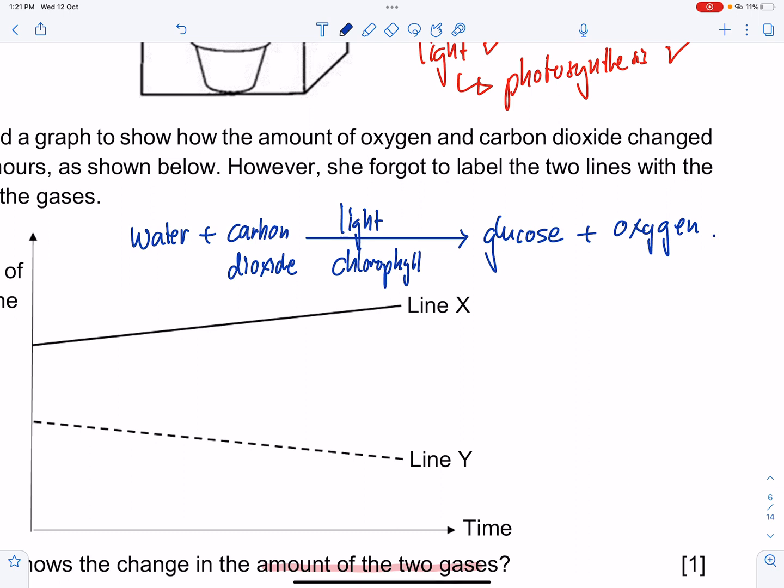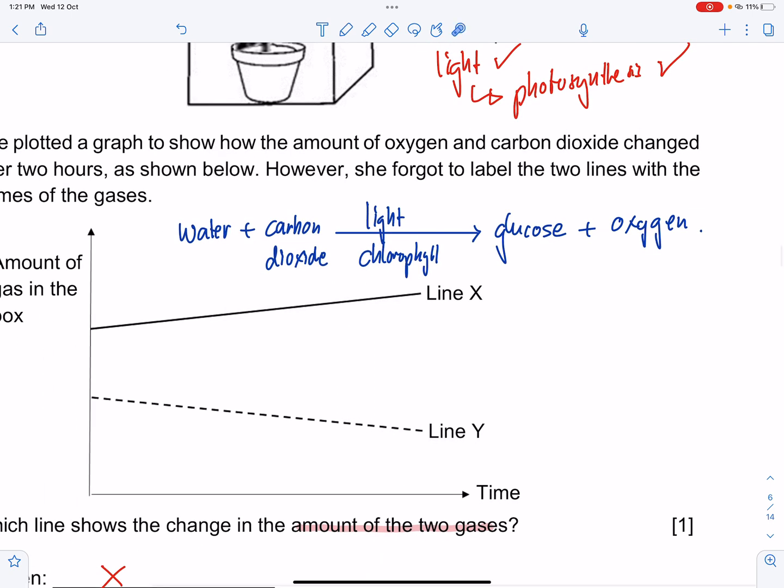Okay? So from here, we can tell already, you are going to get oxygen. So your oxygen will go up, and at the same time, you will be using up your carbon dioxide. That's why your carbon dioxide goes down.